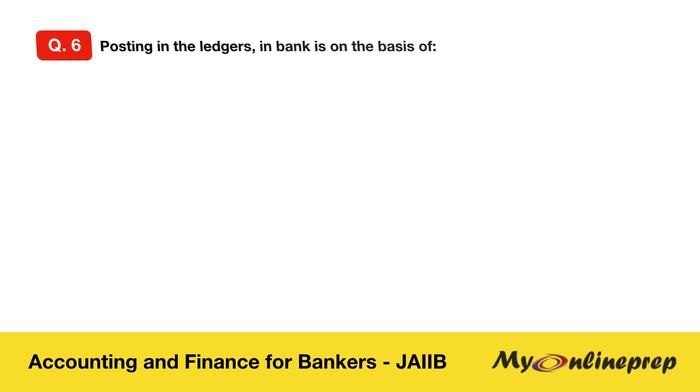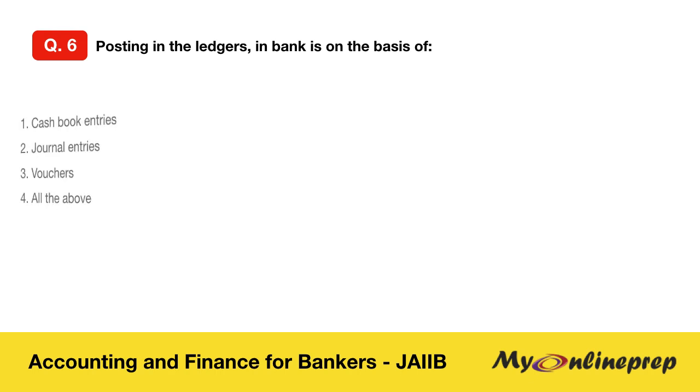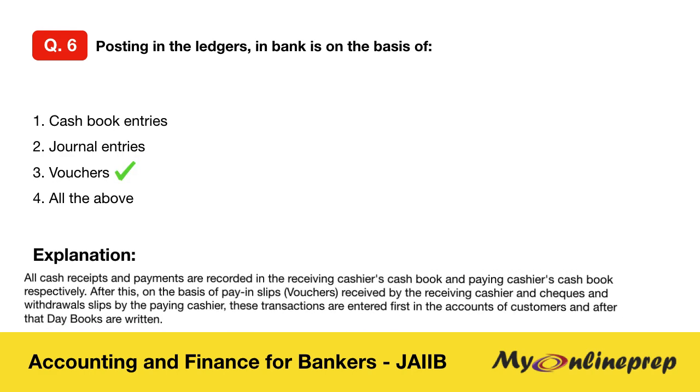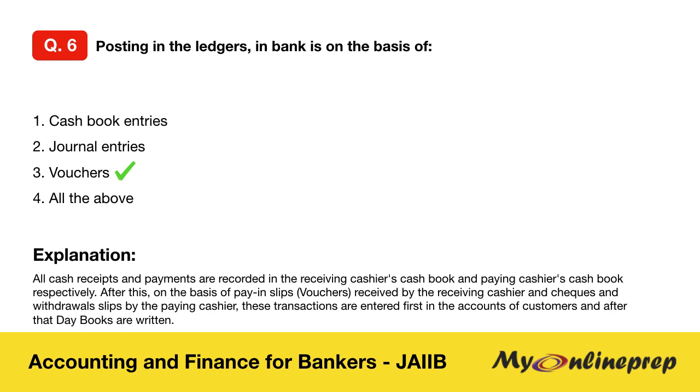Question number 6. Posting in the ledger in bank is on the basis of cash book entries, journal entries, vouchers, and all the above. And the answer is vouchers. On the basis of vouchers only posting in ledger in bank happens.